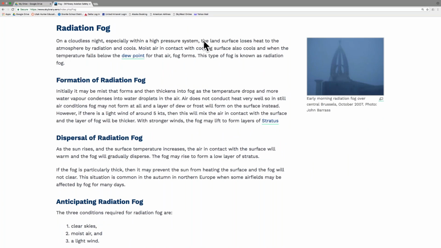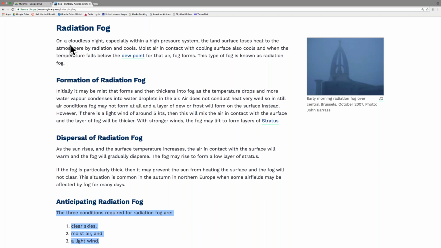So radiation fog typically is created. You can see it right here and take notes, but it's just created when there's that clear, really calm night.